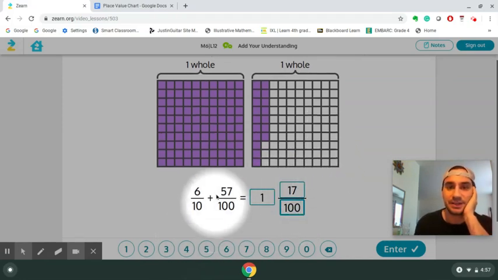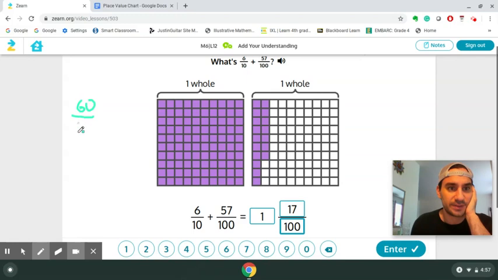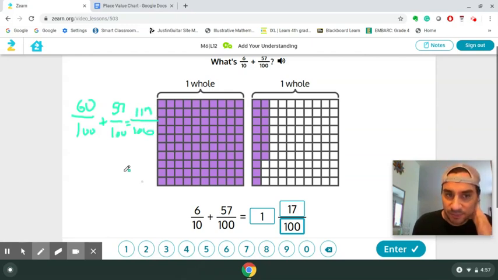1 and 17 hundredths. Another way to look at it is when I do 60 hundredths plus 57 hundredths, I got 117 hundredths. But basically what we did here was we split it up into two parts.